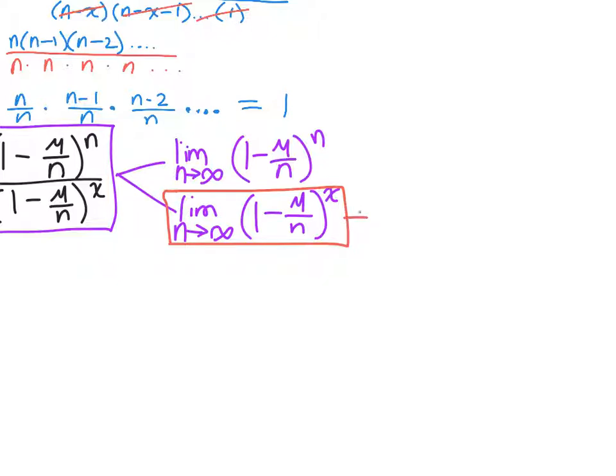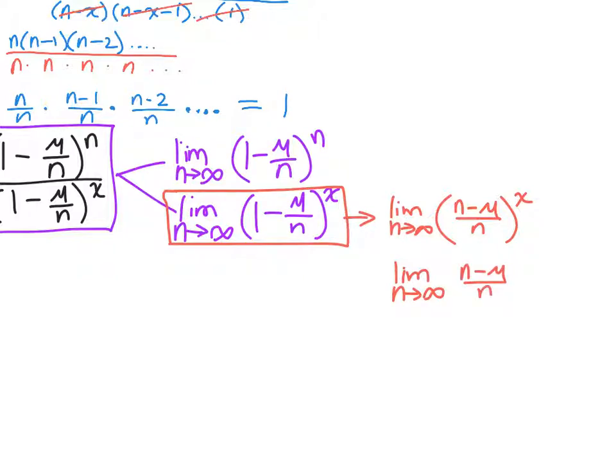So I'm just going to get a common denominator. Limit as n approaches infinity. Common denominator would be n minus mu over n to the x power. One of the properties of limits tells us that if you have an expression contained within a limit raised to a power, you could find the limit of that expression and raise the result to that power.